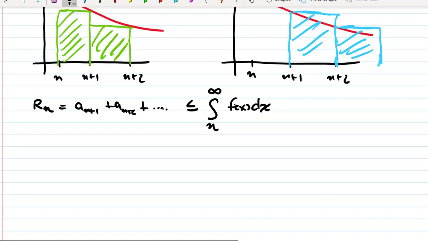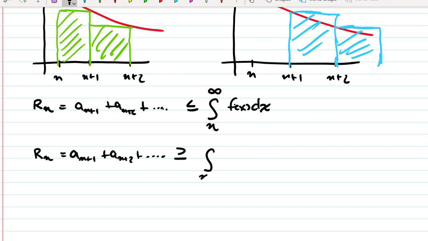But our remainder, r sub n, which would be equal to the same thing, a sub n plus 1 plus a sub n plus 2 plus dot dot dot, would have to be greater than or equal to the integral from n plus 1 to infinity of f of x dx.